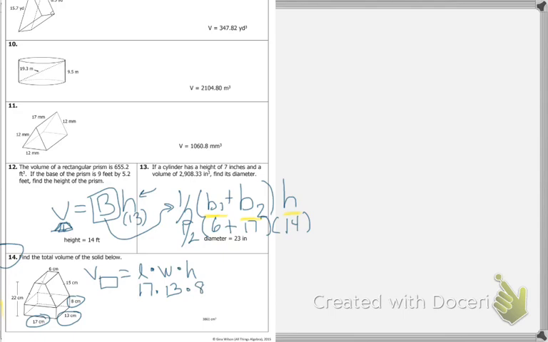Once you get these together, you're simply going to add the volume of the trapezoid prism plus the volume of the rectangular prism. Whatever you get there, you add those two together, and you should get that answer.